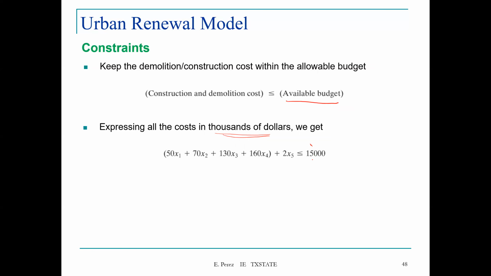So this is representing 15,000, which is going to be equal to 15 million. So the summation of the construction plus the demolition cost for the units that we are going to recommend has to be less than or equal to that 15,000 thousand, or $15 million.